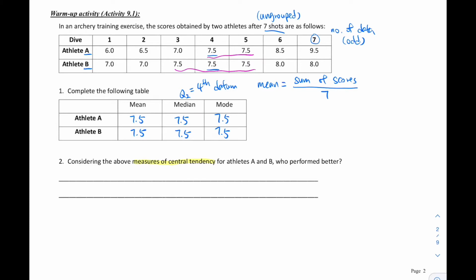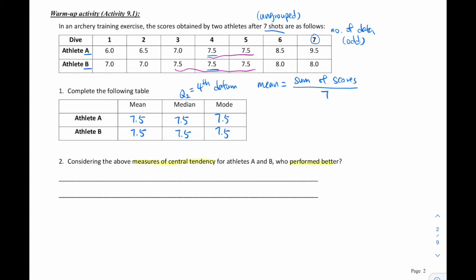So can you say which one performed better? Of course, if you only study the central tendency, the three measures are all the same, so you can just conclude they perform equally well.